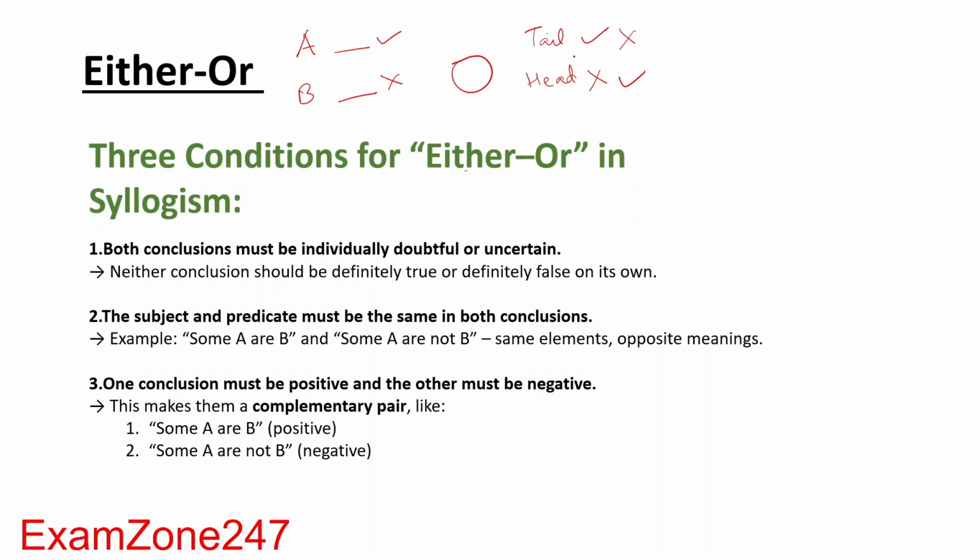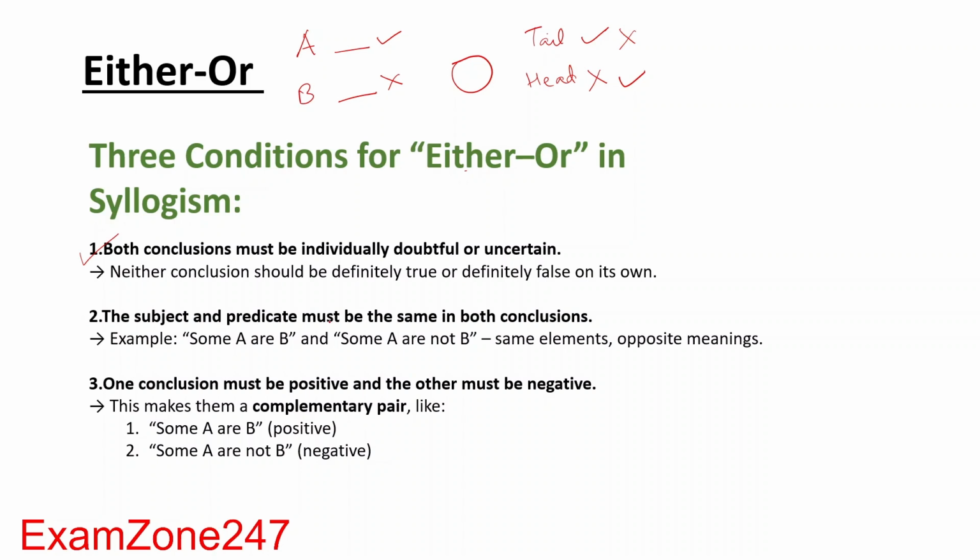Like here, either tail or head, I don't know which one, I can't say. So when you come across can't say type of situations, when there is uncertainty individually for both the statements, that means there may be another diagram also. In another diagram this can be true, or in another diagram this can also be true. In such a situation, this condition is satisfied. So individually you are not sure whether this is definitely right or definitely wrong.